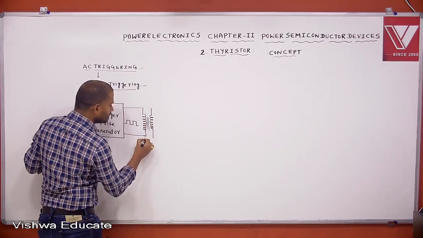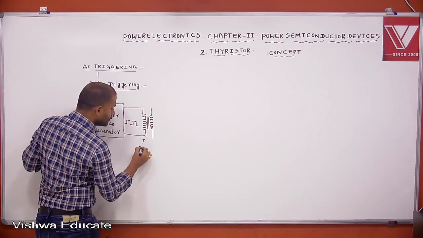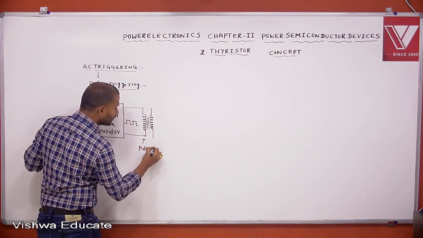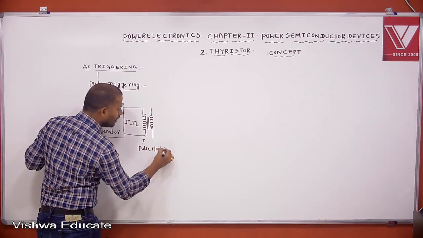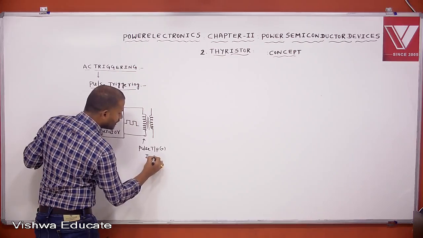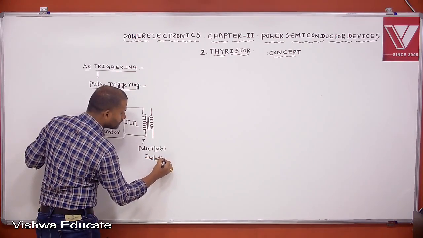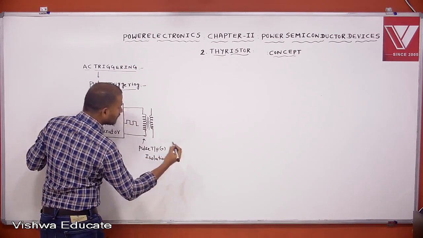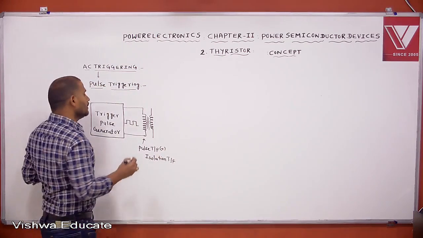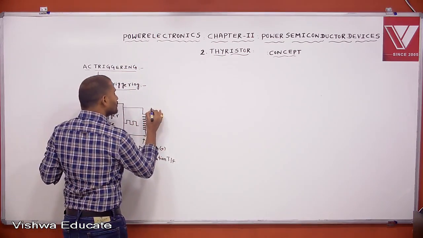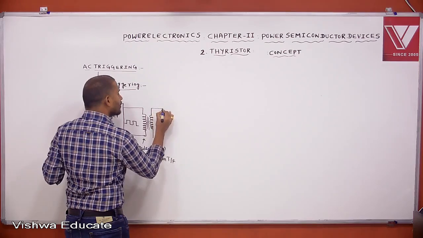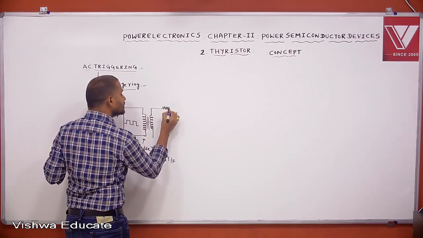The output of the pulse transformer or isolation transformer goes through the gate source resistance.